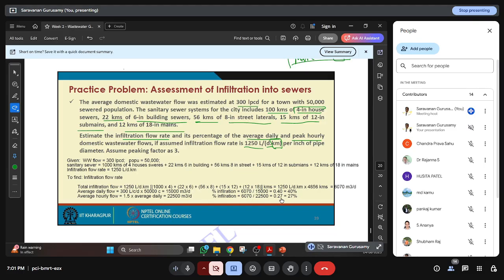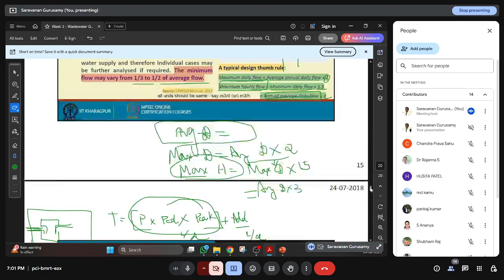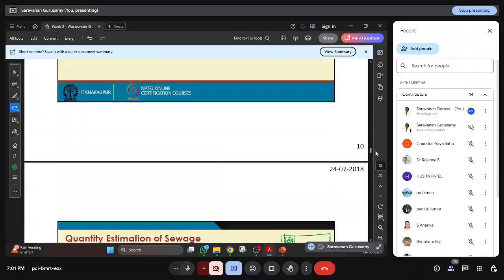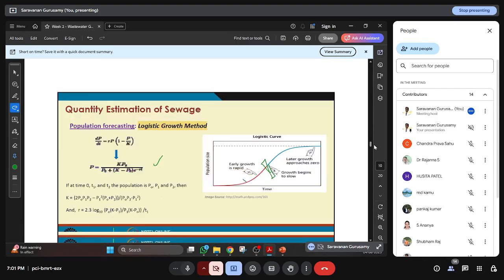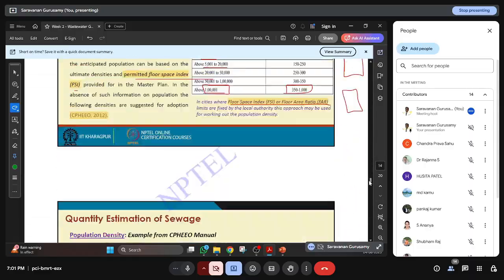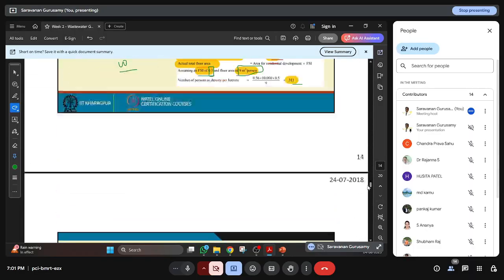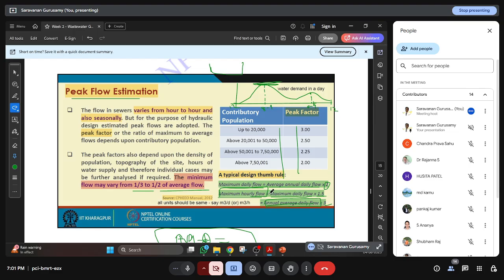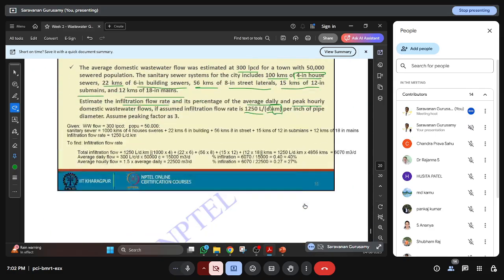That will give you 27%. What is the formula? Maximum daily into maximum hourly of 1.5. Yeah, that is correct. So this is the answer.